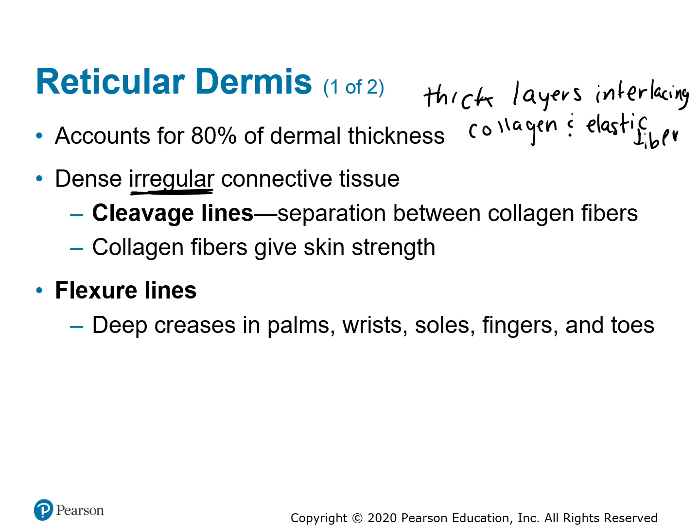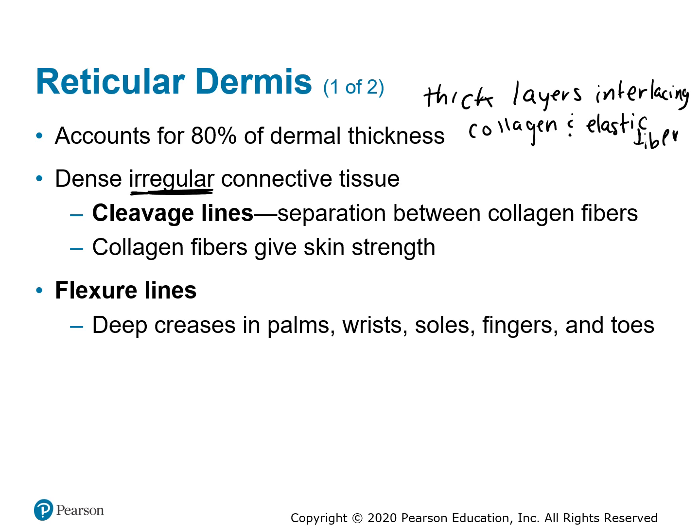It also creates these cleavage lines. These cleavage lines are the separation between those collagen fiber bundles. That happens kind of all over your skin. If you've ever heard of, in surgery, they try to cut with the dermal plane.